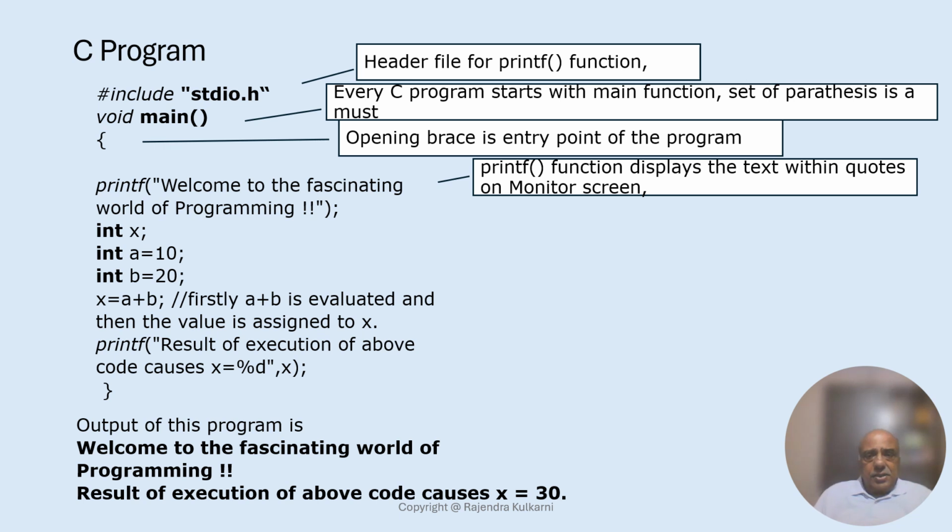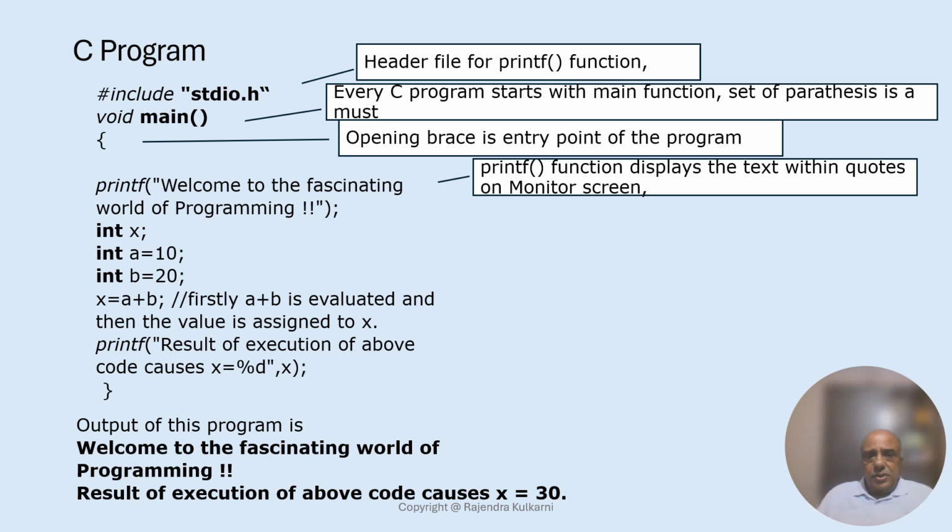What the printf function does is display the text within the quotes on the monitor. It simply dumps whatever is written within the double quotes onto the monitor. It is a sort of output statement.